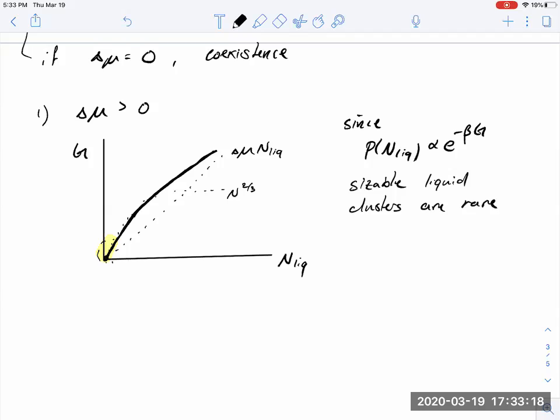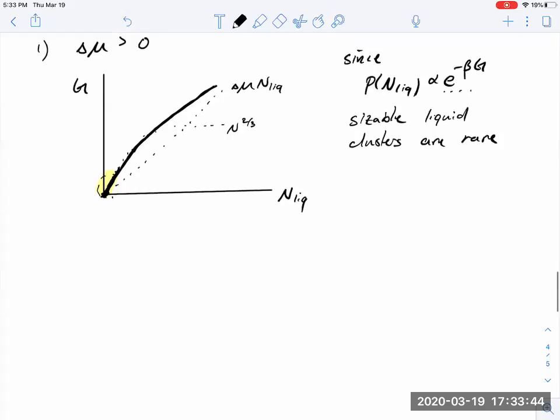The most typical size of a liquid droplet would be 0. That's where this Gibbs free energy is the smallest. In fact, fluctuations that grow droplets of larger sizes are really rare. They're rare by an amount that's e to the minus beta times that free energy.